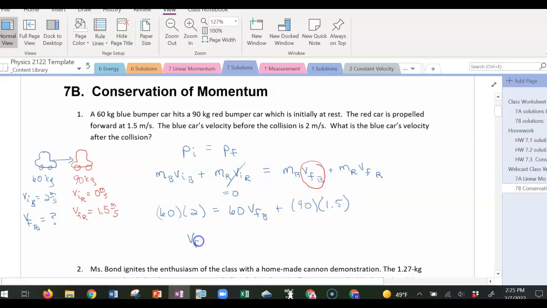And therefore I can solve for the final velocity of the blue car. It's going to be 120 minus 135 divided by 60, and that's going to be negative 0.25 meters per second. So after the collision, the blue car moved to the left. It bounced back in the opposite direction.